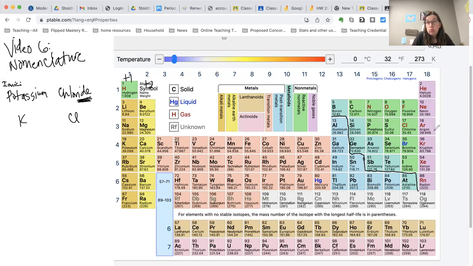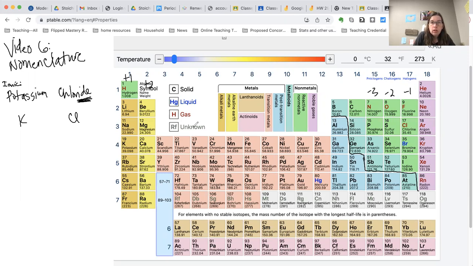The noble gases do not form ions because they're happy as they are. They already have an outermost energy level of 8 electrons. This column right here called the halogens is -1. So fluorine, chlorine, bromine, and so on. Oxygen will make -2 and so on down the column, and nitrogen will be -3.